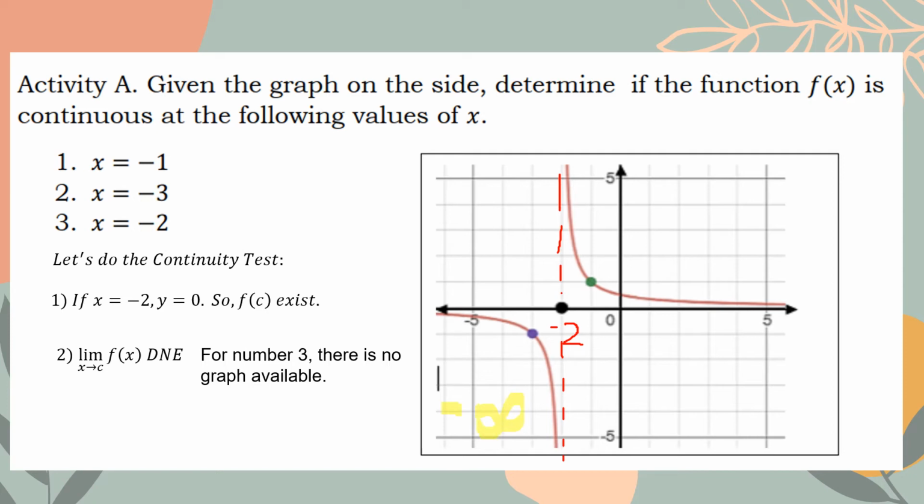The right side goes up, so it's positive infinity. Obviously, they have different values, so the limit does not exist. Since f of c is zero and the two sides are not equal, the graph or the function is discontinuous at x equals negative 2.